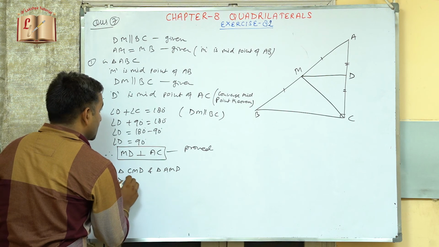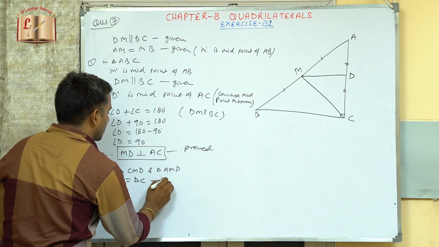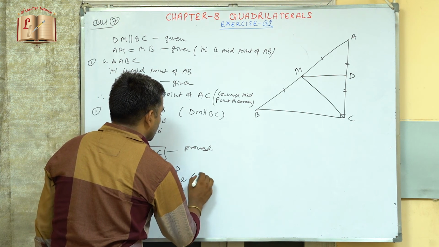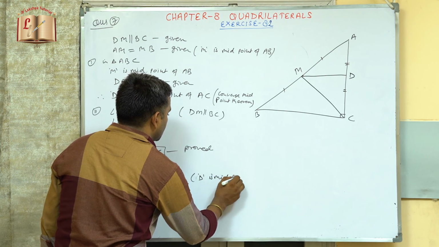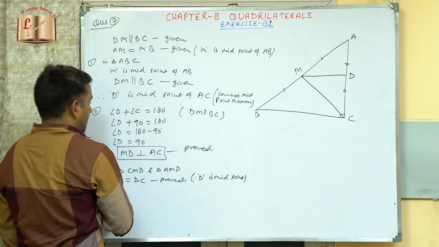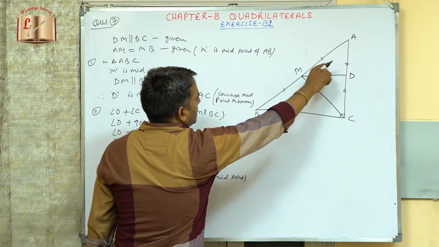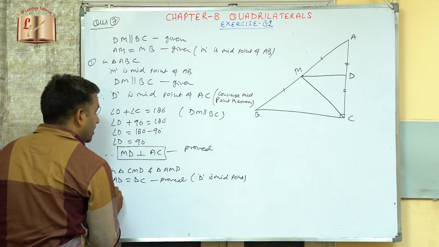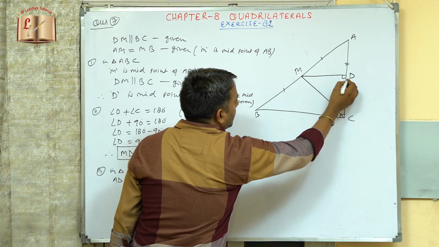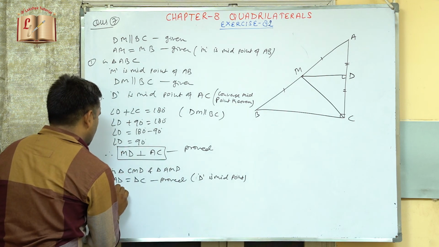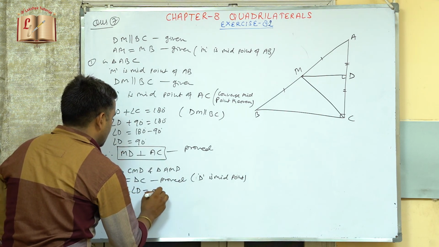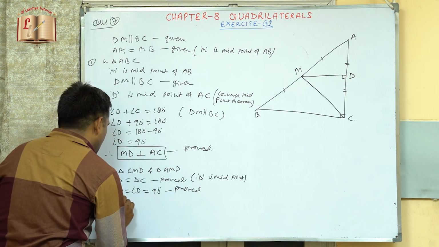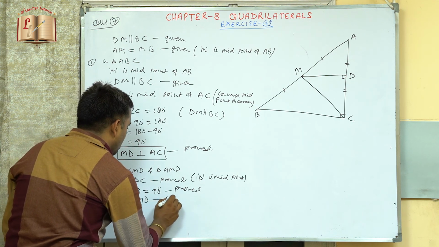AD is equal to DC. And again, MD is equal to MD, common, and this angle is 90 degree. So angle D is equal to angle D, this is 90 degree, we have already proved.